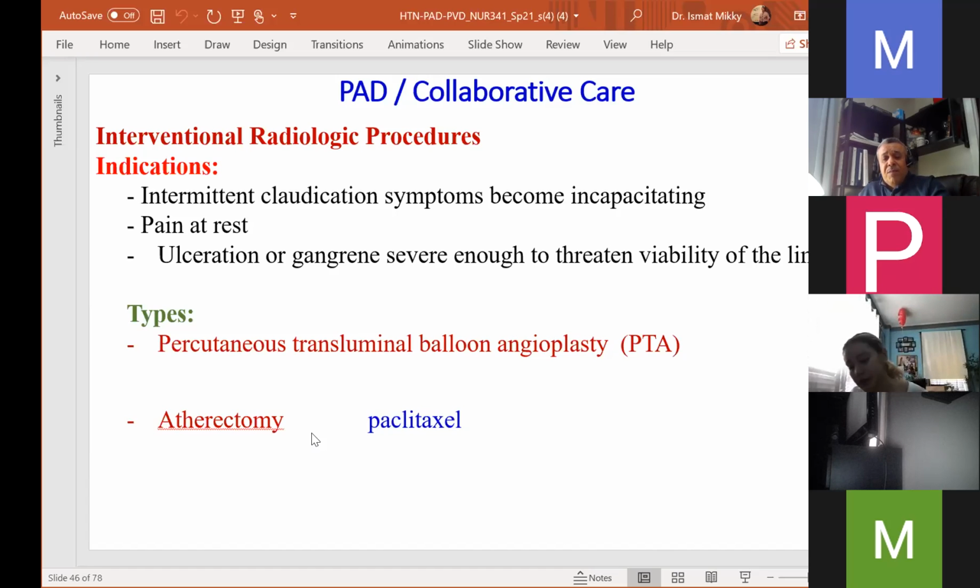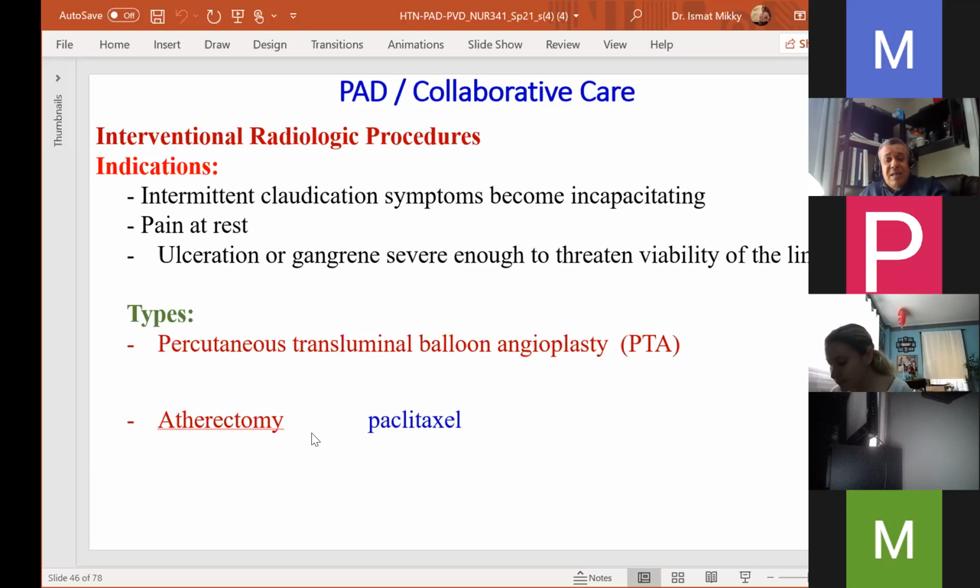In some cases you will place a stent. The stent will be placed to hold the artery open and maintain patency. Once you inflate the balloon and dilate the blood vessel, you want to maintain it wide open.